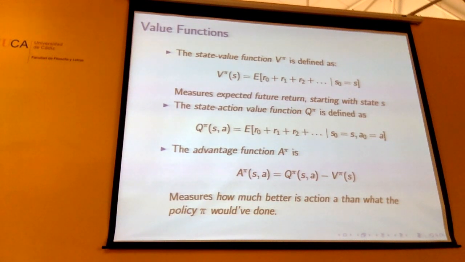And it tells you how much better is this action A than what the policy pi would have done otherwise. So note that all these functions depend on the current policy pi. So the Q function tells you what's my return going to be if I take action A at the first time step, and then I just follow the policy for all future time steps. So the advantage function says, what happens if I take action A and then I follow the policy for all the future time steps? Is that better or worse than average?